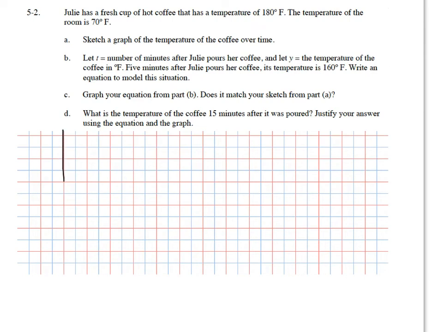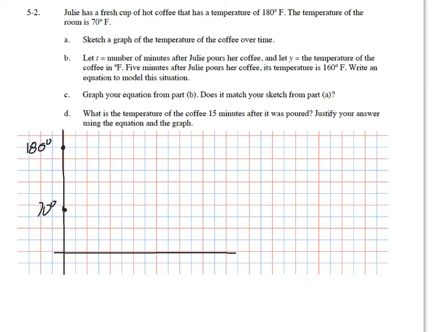So I'm going to draw in my y-axis and my x-axis, and I'm going to say that this happens to be right up here at about 180 degrees, and it's going to go down to about 70 degrees, which would be somewhere right about in here.